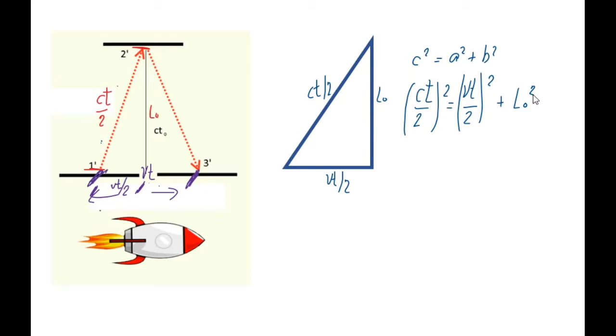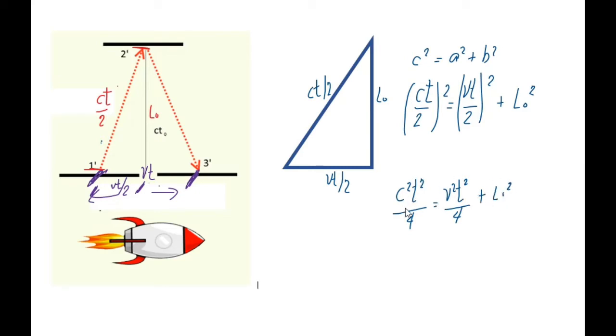Okay, let's evaluate that equation further. So let's square everything here. We now have c squared t squared over 4 equals v squared t squared over 4 plus L0 squared.